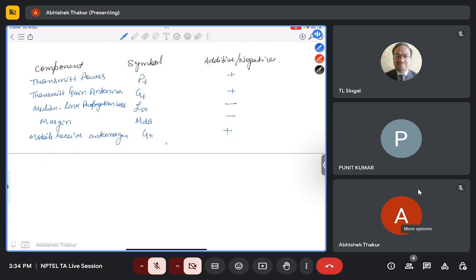After that, that is the mobile receive antenna gain. Then next is cabling loss. After that, that is noise plus interference power at the receiver.